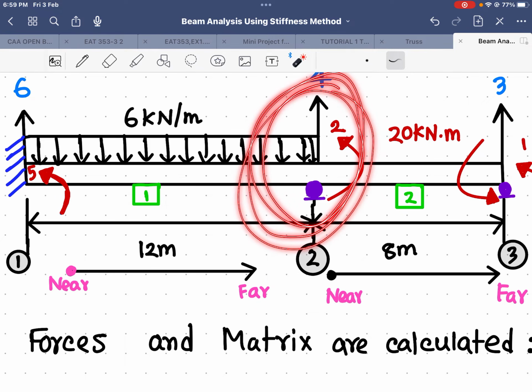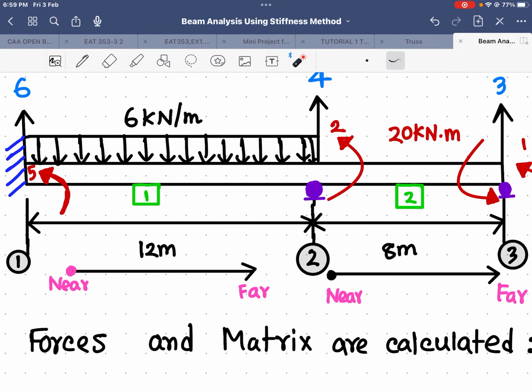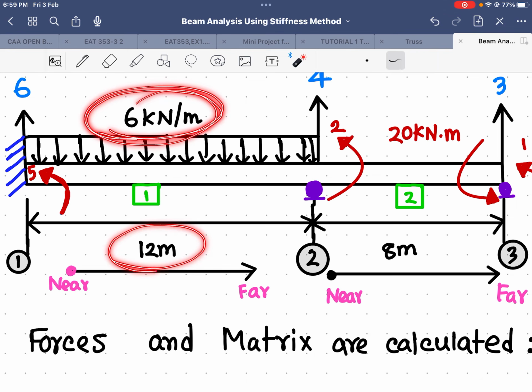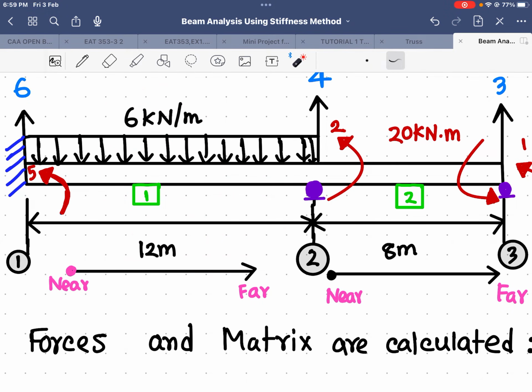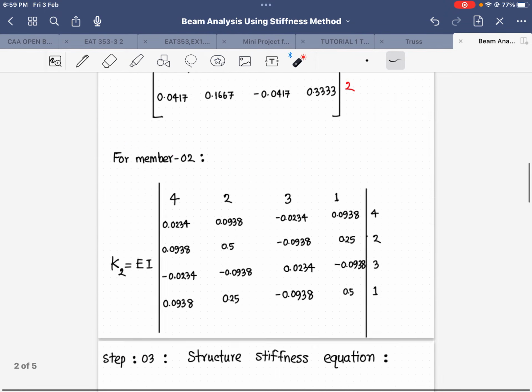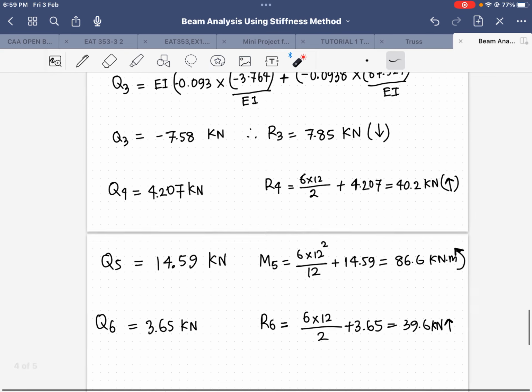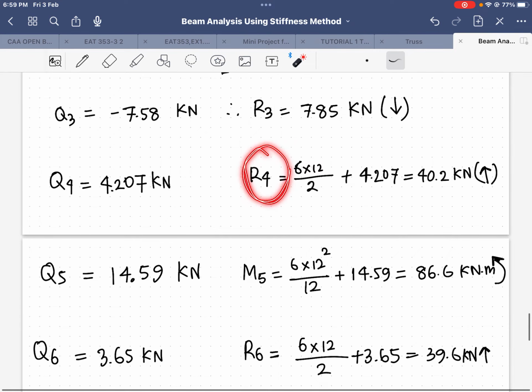So what is the formula to find out the reaction at 4? We have to take 6 times the distance divided by 2. We will take it as a formula, and then we already got the R4.